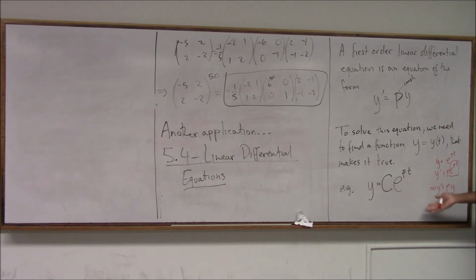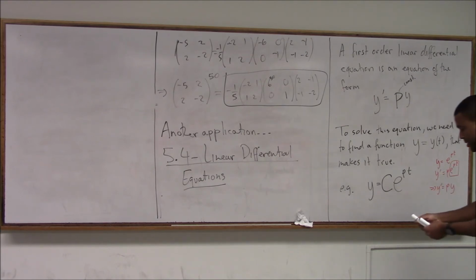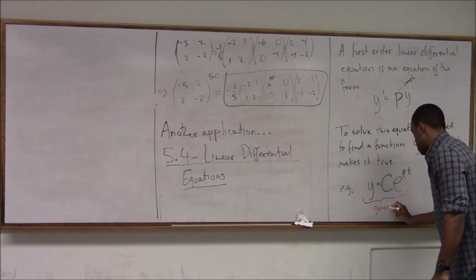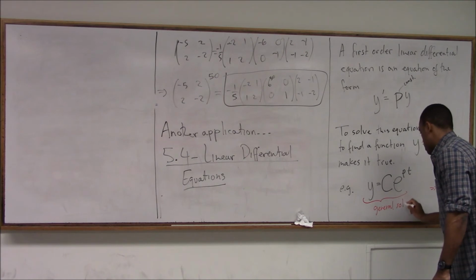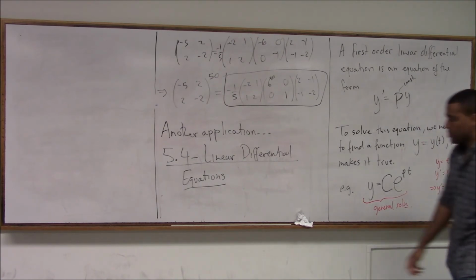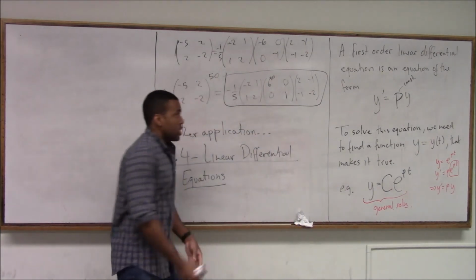When you take differential equations, you'll learn that this is literally the only solution. The argument there is actually a linear algebra argument, but let's not talk about that. This is called the general solution to this differential equation. So you have equations like this.